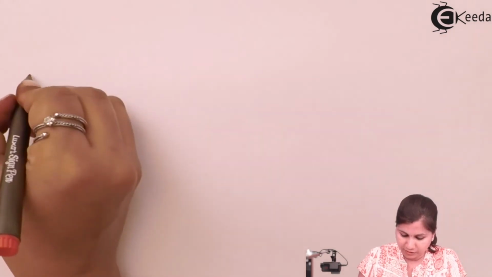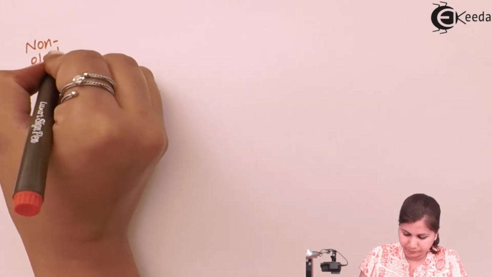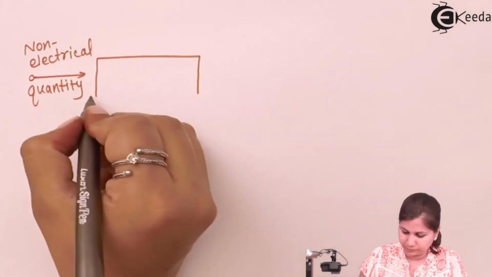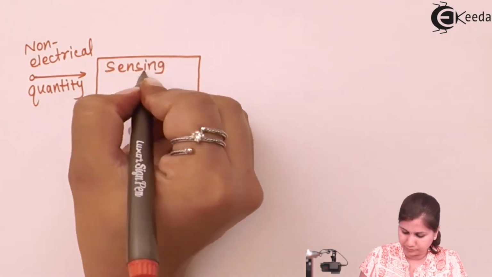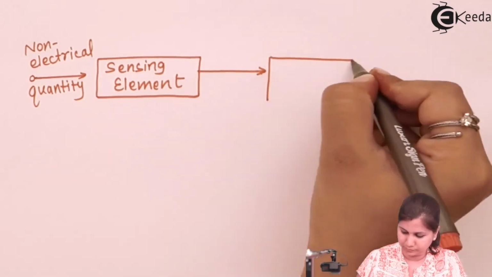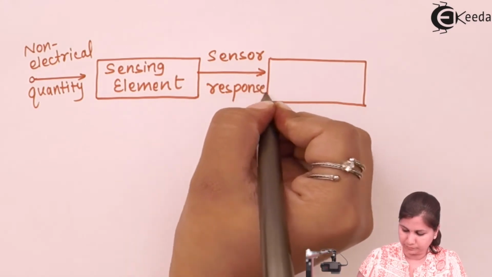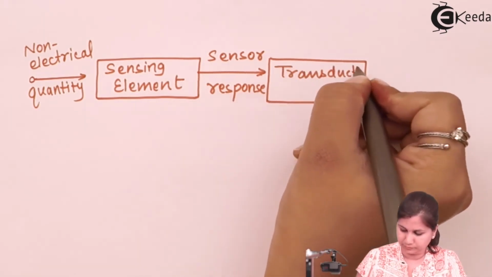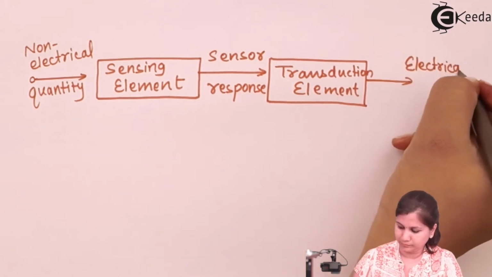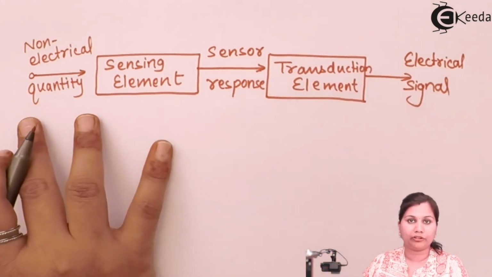first we are having the non-electrical quantity. So this is the block diagram of the transducer.